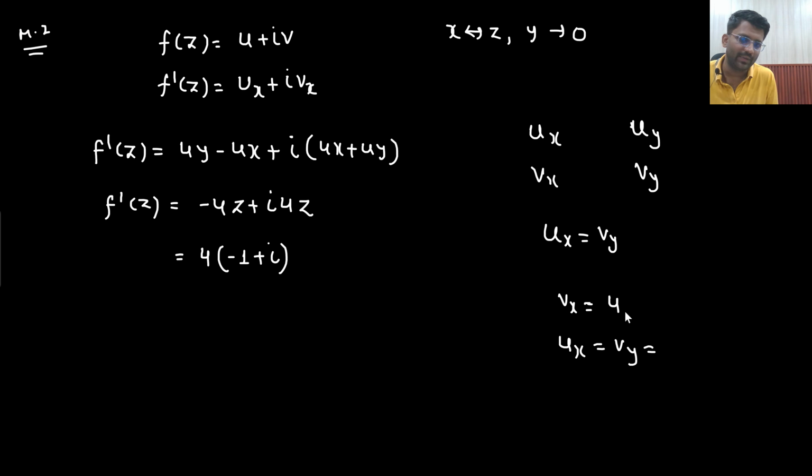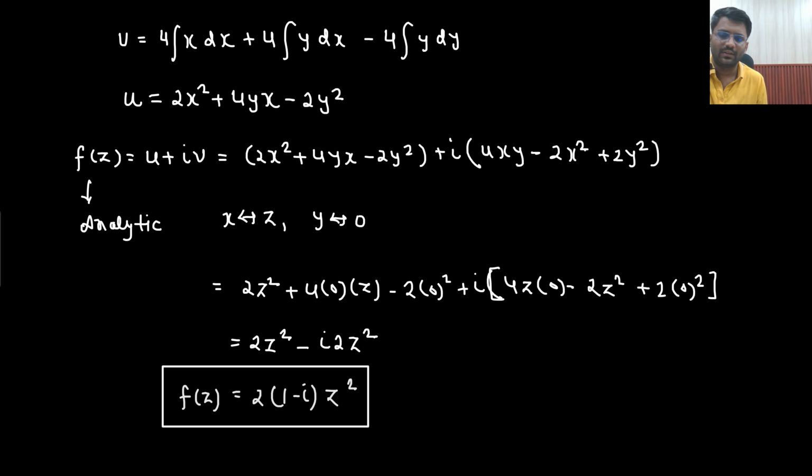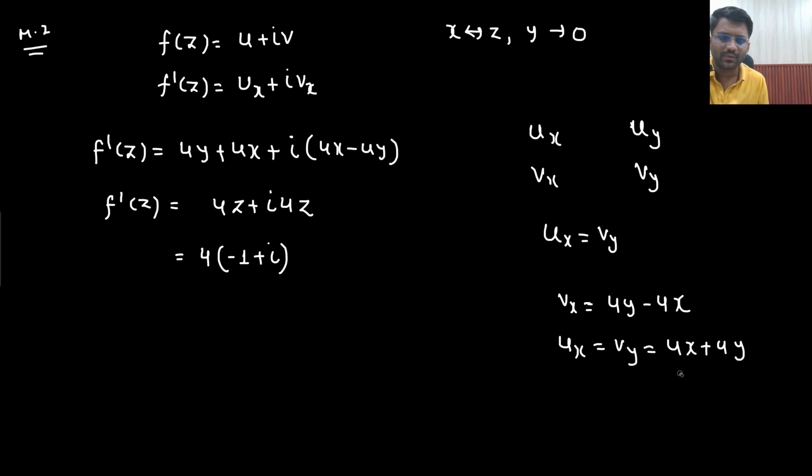And the other one is 4y plus 4x. So here you will get plus sign and here you will get minus sign. Just a small blunder I have done. So x is z, this is fine, and here also you will get the positive sign only. Is that understandable to you?